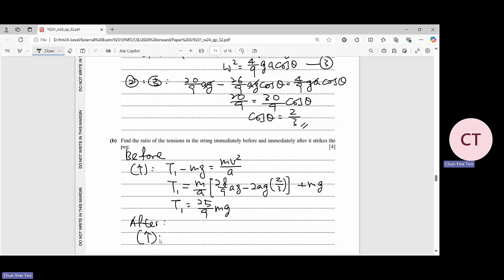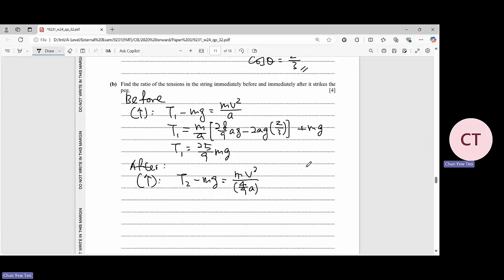After, also resolve the forces towards the center. You have T2 minus mg is equal to mv squared over the radius, which now has become 4 over 9a. This time you will be doing the same thing.